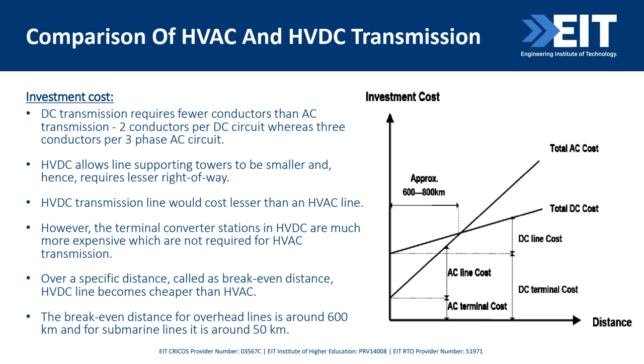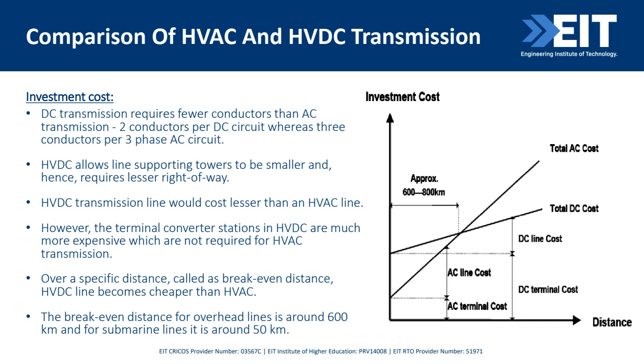So if you compare HVAC to HVDC transmission, there are several factors which we need to keep in mind. First of all is the capex, right? The capital amount which we need to spend on the infrastructure required for DC as well as for AC.